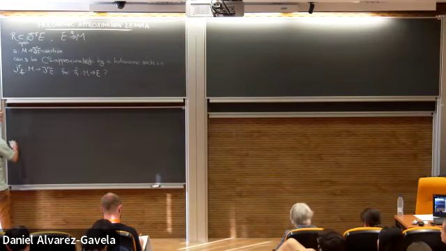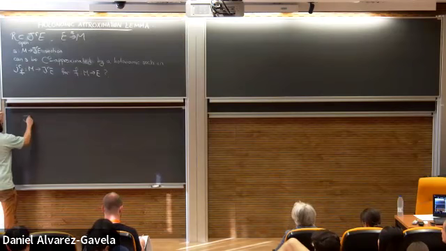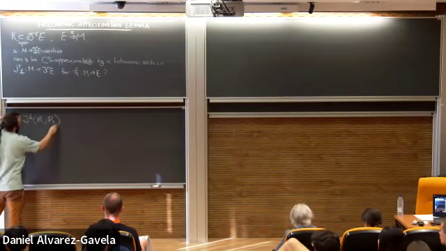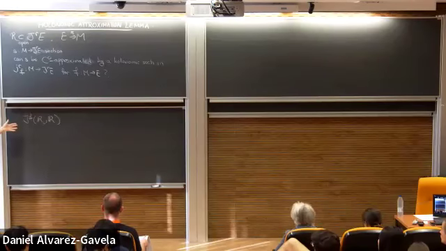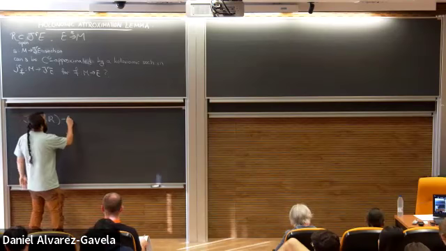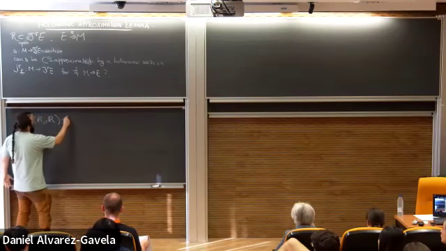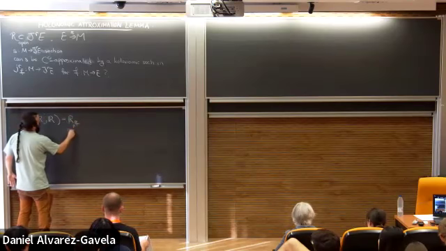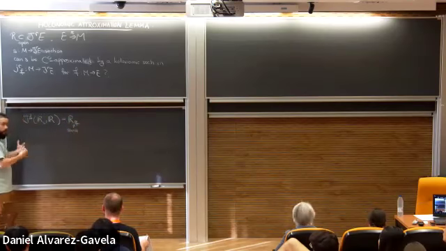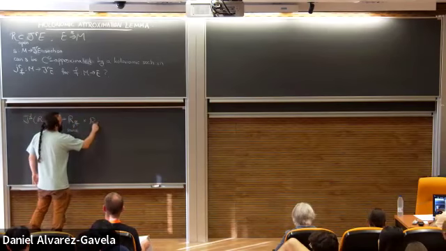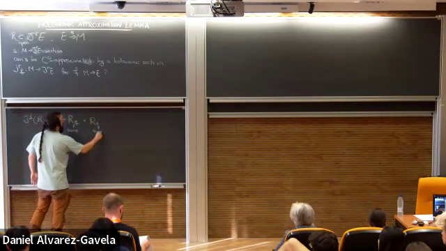So let's, for example, think of the one jet space of functions from R to R. You can think of it in different ways. You can think of it as R3, but let's think of it in different ways. So there's a point in the source. There's a point in the target.